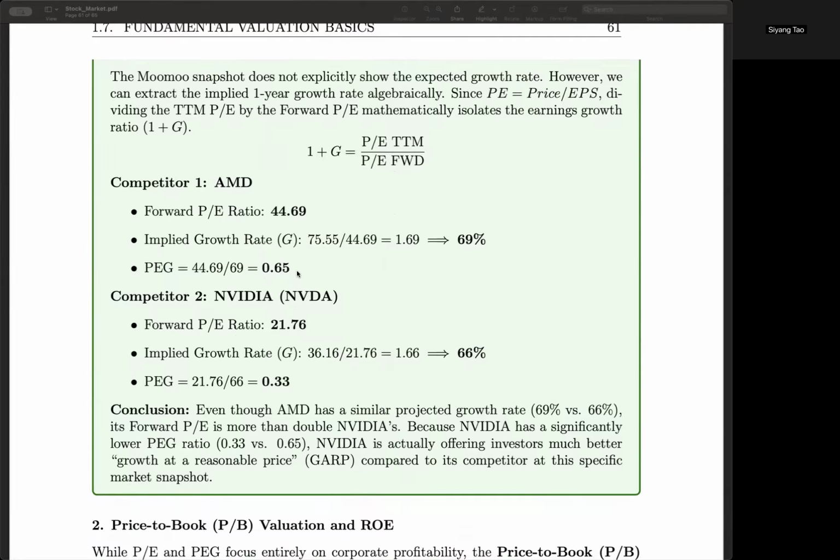AMD's forward PE of 44.69 divided by its 69% growth gives us a PEG of 0.65. NVIDIA's forward PE of 21.76 divided by 66% growth gives us a PEG of just 0.33. Even though they have similar growth rates, AMD's forward PE is double NVIDIA's. Because NVIDIA has a significantly lower PEG ratio, it actually offers much better growth at a reasonable price.